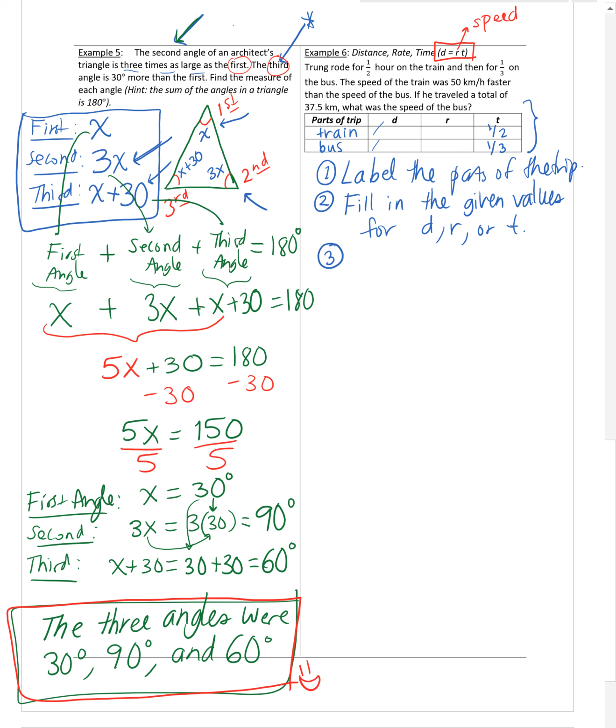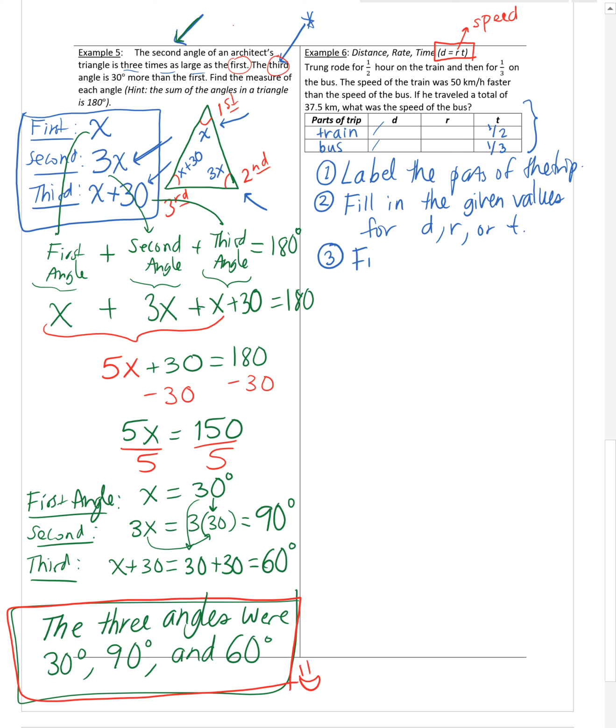The next thing is it should give you some kind of relationship involving another variable, like the distance on the train was 10 more than the bus, or his speed on the train was 10 more than the bus, something like that.